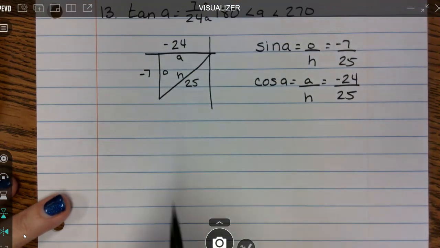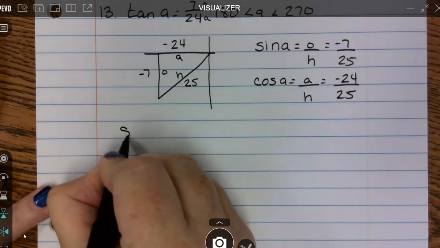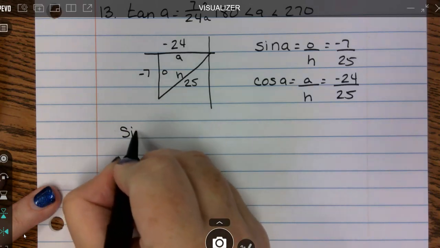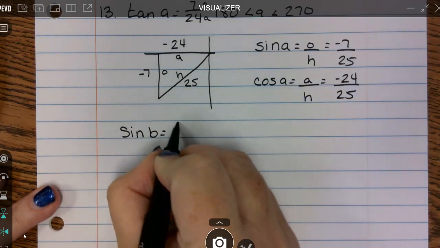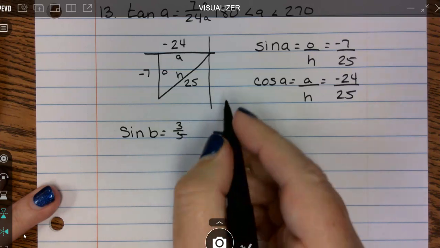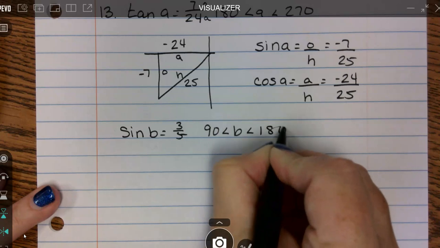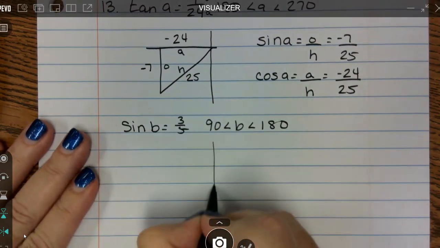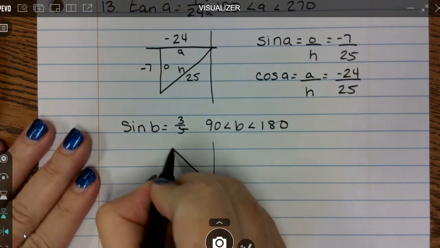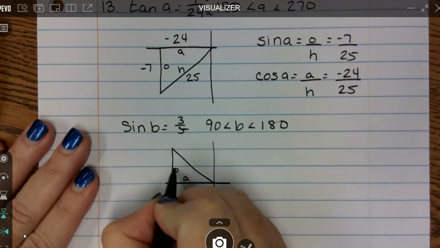Now, the second part is sine B is 3 over 5 between 90 and 180. So AOH.